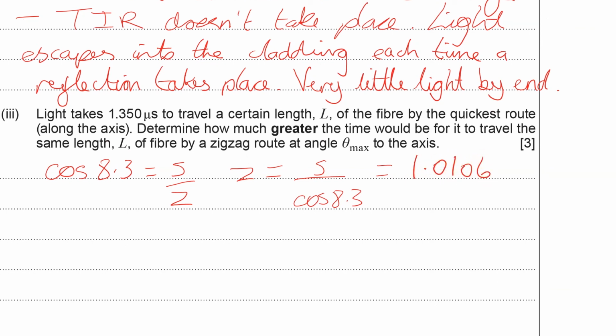So what that tells us is that the zigzag path is 1.0106 times longer than the straight path, and because distance and speed are directly proportional, because speed equals distance over time for a constant speed, it means that the time for the zigzag path will actually be 1.0106 times the time for the straight path, or 1.0106 times the 1.35 microseconds that we were given earlier.